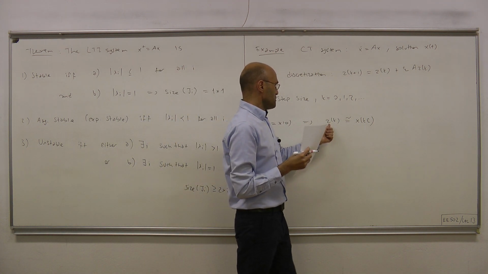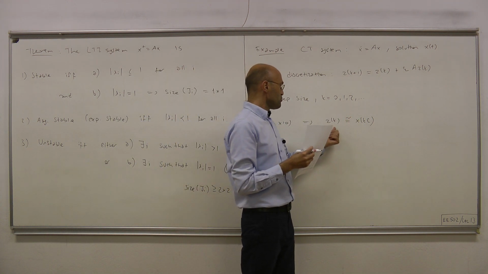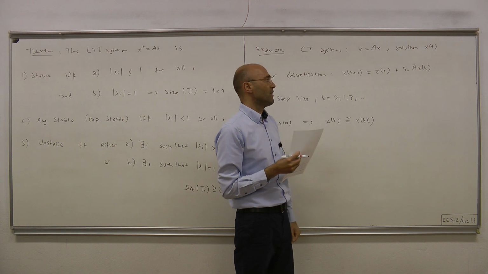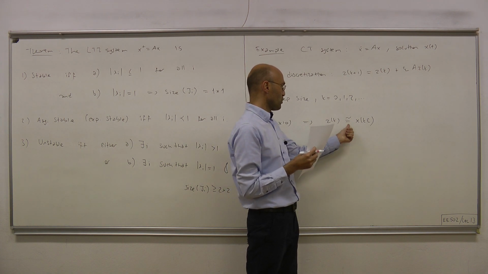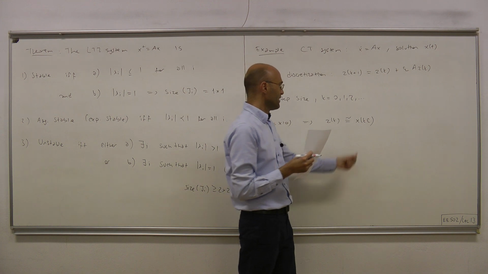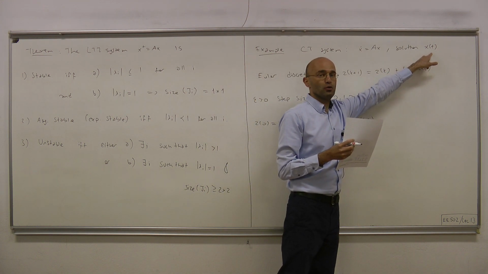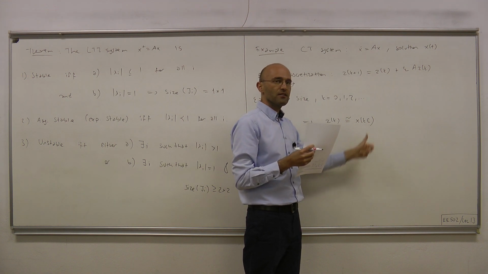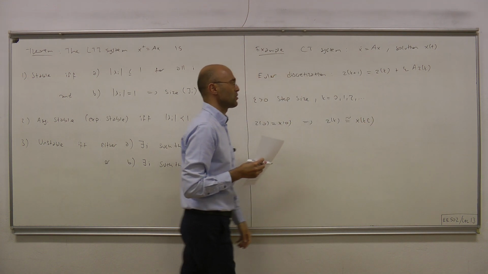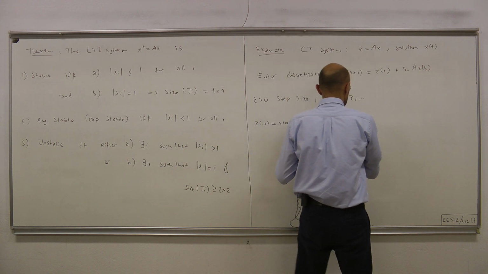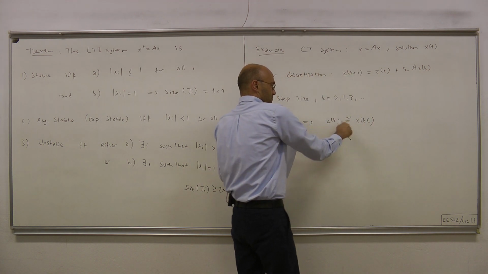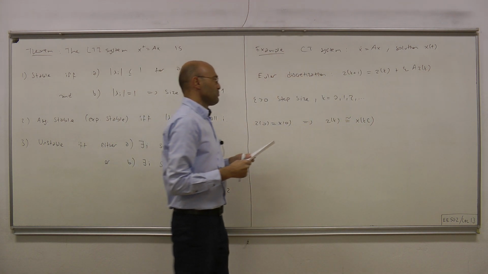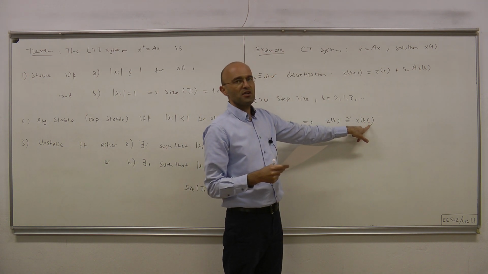So z0, z1, z2, and so on approximately equal the value of the actual solution at t equals 0, at t equals epsilon seconds, at t equals 2 epsilon seconds, and so on. This is a good approximation, more or less, provided that epsilon is small enough.